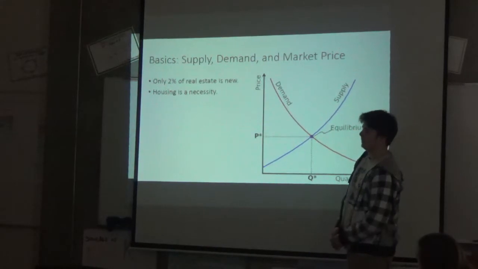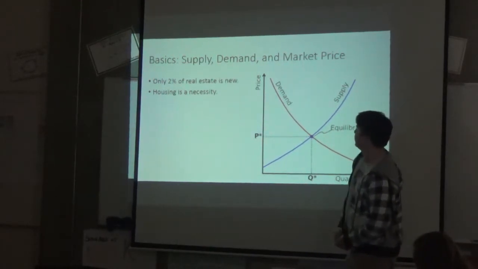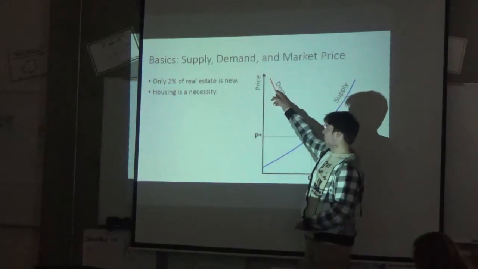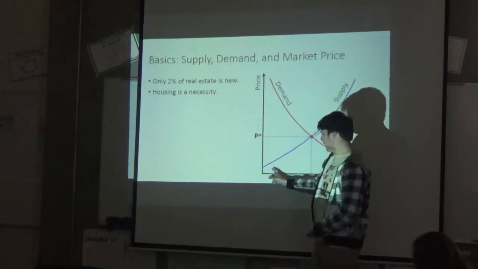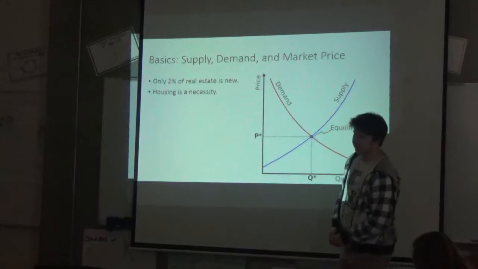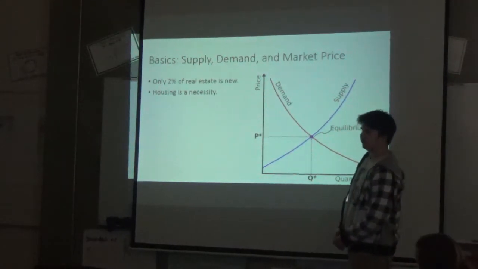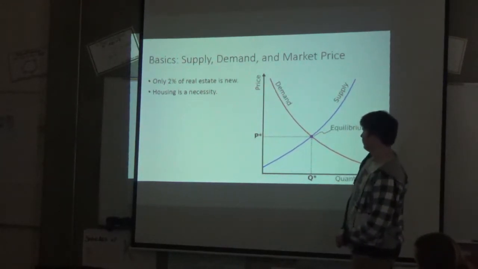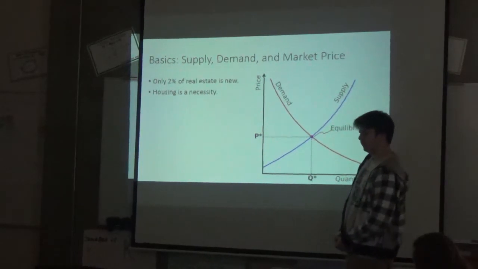The red up there is the price the product is being sold for, which is really high, so not very many people want it. So what does the gap represent? You only have a few, so people are willing to pay a lot.